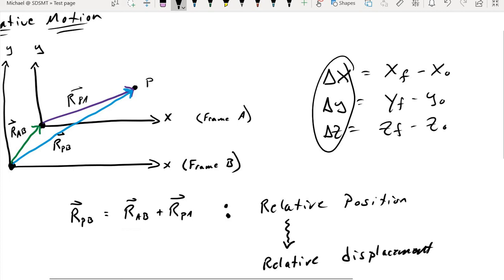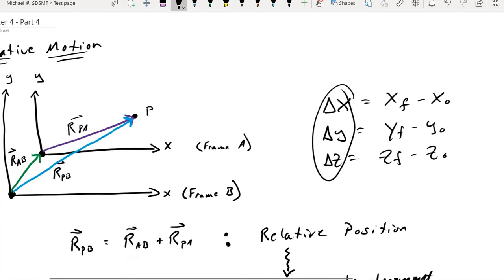But then all of these would fit together to produce a vector in either 2 dimensions or 3 dimensions, depending on how many axes we happen to be working in. And we can take all of those differences and combine them into a 3-dimensional displacement vector that we would call delta r.